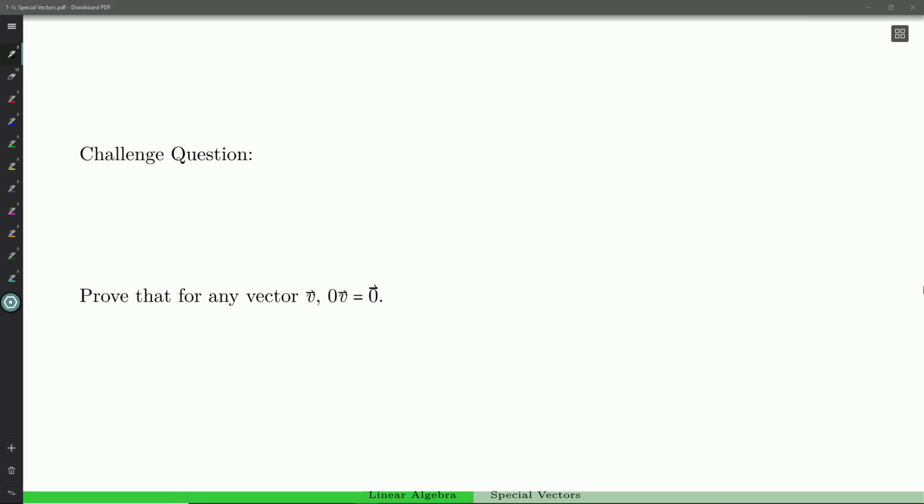Now, so far, we've only worked with vectors in R2 and R3. We can take a look here. Let's just work in R2. So if we're working in R2, our vector v has just two components, which we typically call v1 and v2. Now what happens when you scalar multiply?